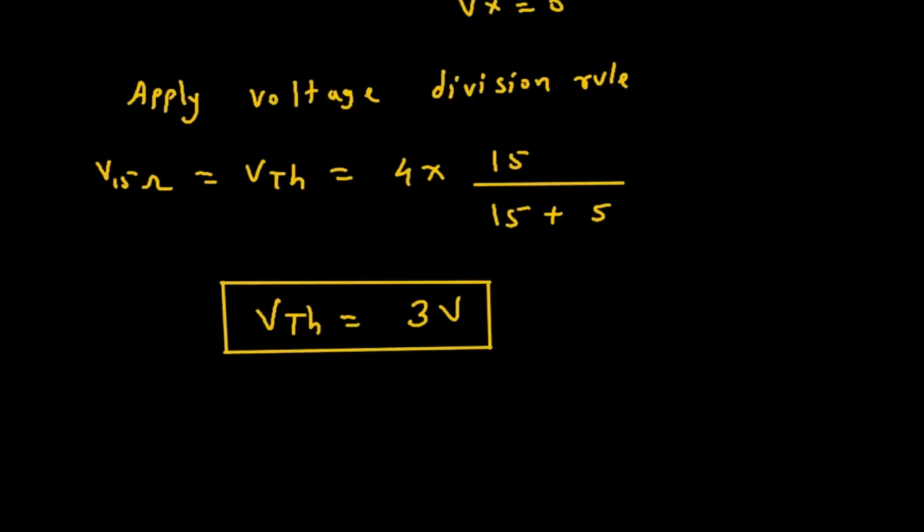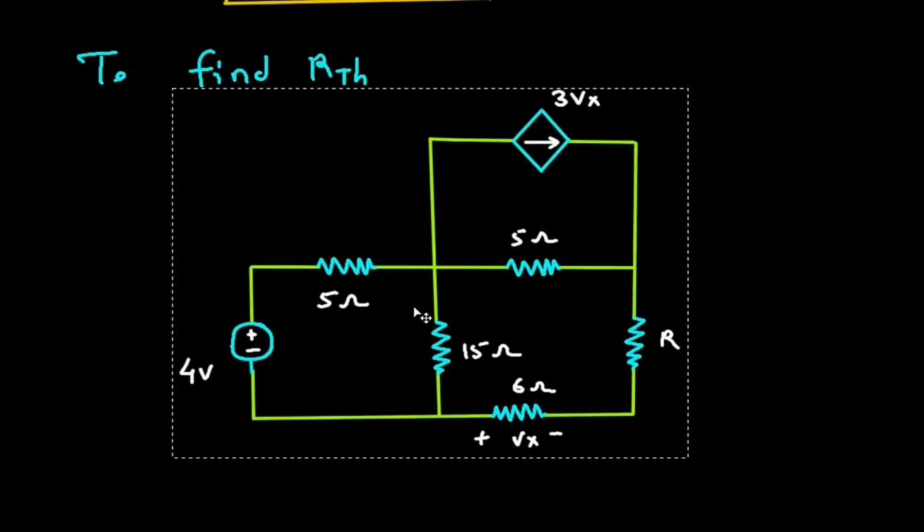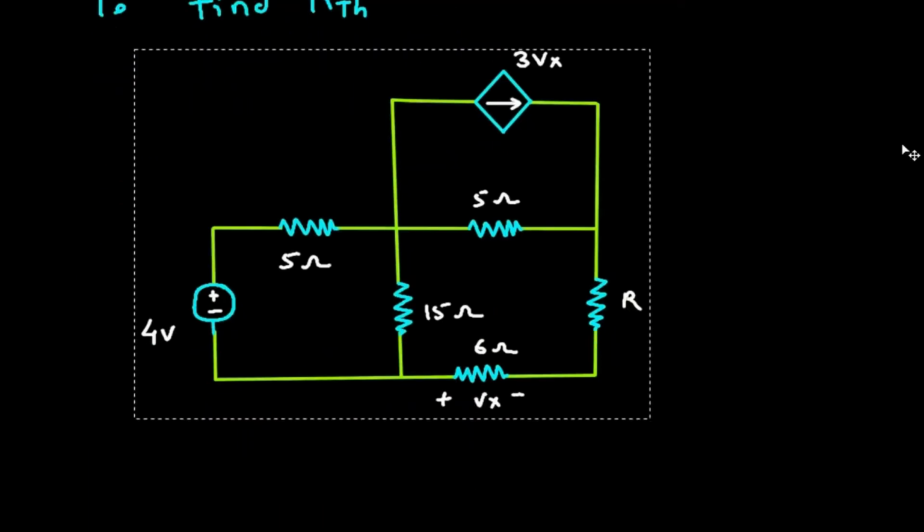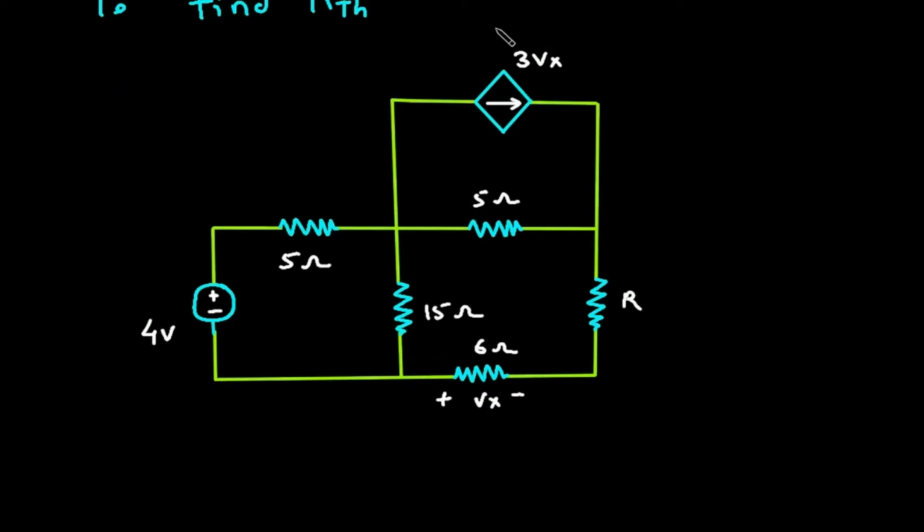Next, we have to find RTH. To find RTH, here we can see that this is a dependent source. So to find RTH, here we will consider a 1 ampere current source.